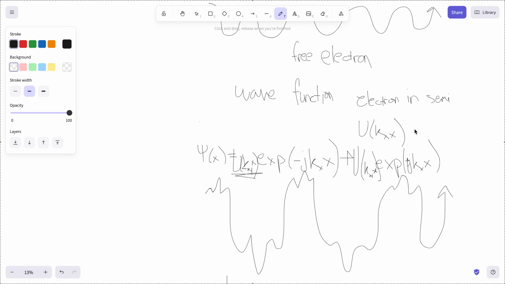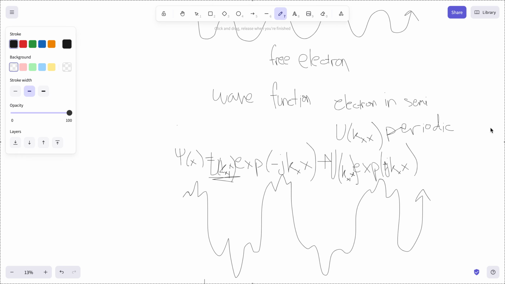But if u of k sub x is periodic, then phi of x is periodic.